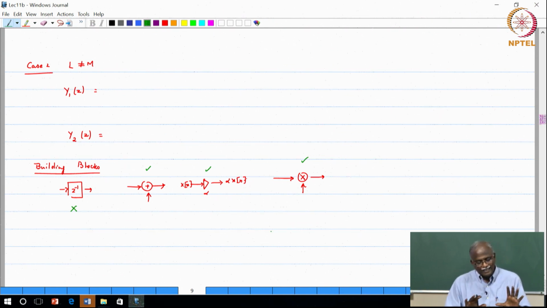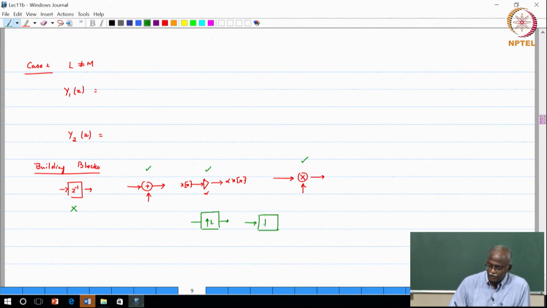So, basically any interconnection of these three elements along with the multi-rate blocks. The multi-rate blocks are upsampling by a factor of L, downsampling by a factor of M, the most general forms. This combination is going to be the powerful one that we are going to work with. Now, when delays come into play, then we have to be a little bit careful.